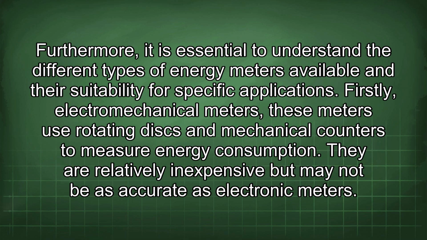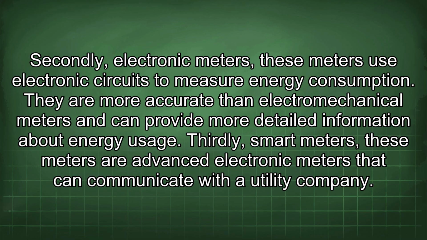Furthermore, it is essential to understand the different types of energy meters available and their suitability for specific applications. Firstly, electromechanical meters. These meters use rotating discs and mechanical counters to measure energy consumption. They are relatively inexpensive but may not be as accurate as electronic meters. Secondly, electronic meters.